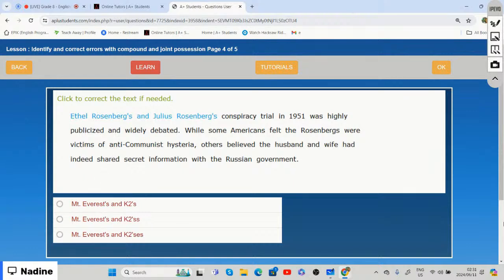The same year, the answers do not respond or relate to the text, because here they're talking about Mount Everest and the K2s.